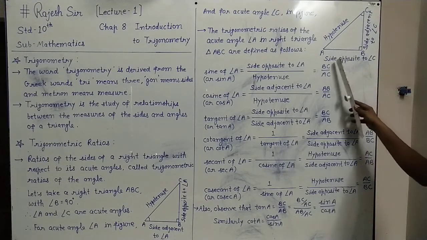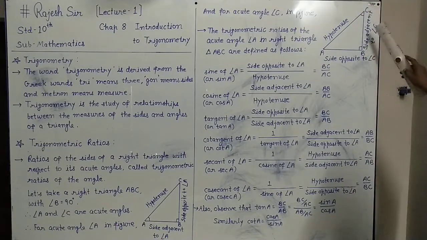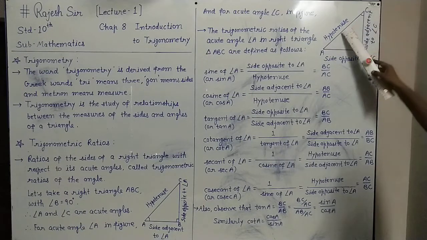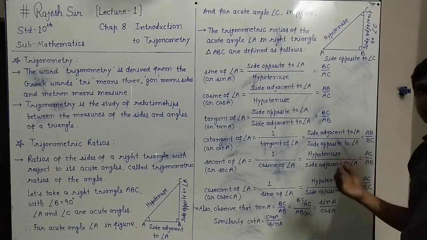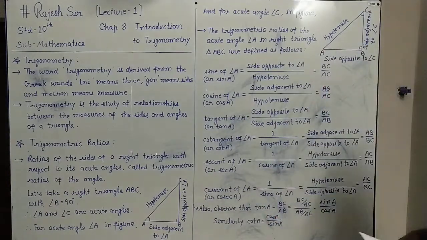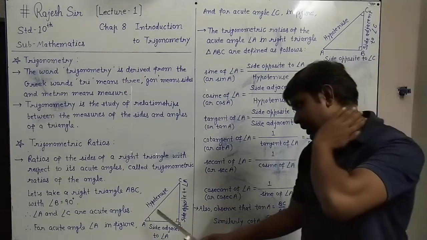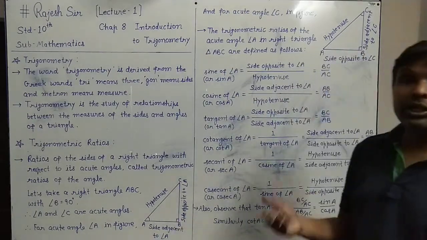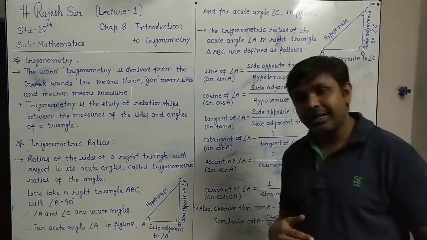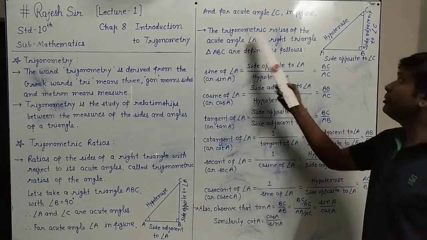So AB is called the side opposite to angle C. And this side BC is called the side adjacent to angle C. And AC is always the hypotenuse because it is the side opposite to the right angle in the right triangle. So now, understanding the acute angles and the corresponding opposite side, adjacent side and hypotenuse, we will define the trigonometric ratios.